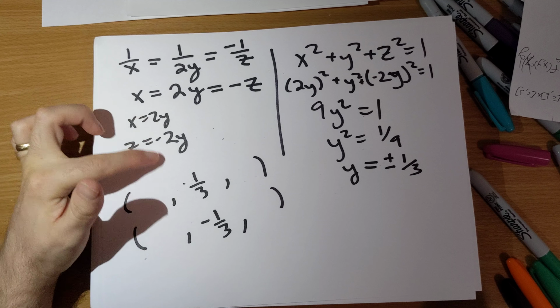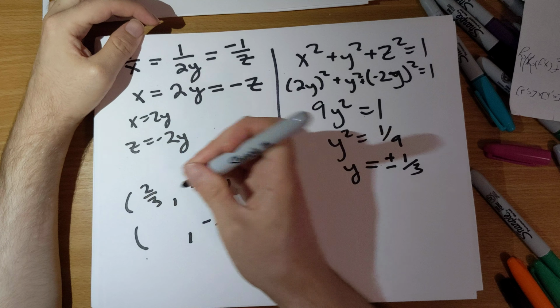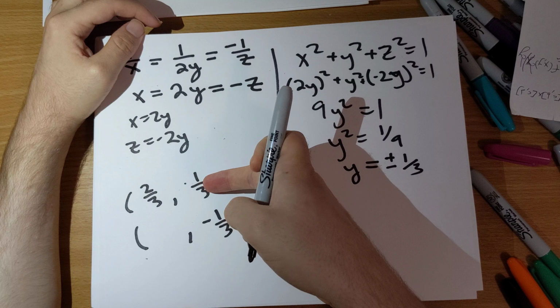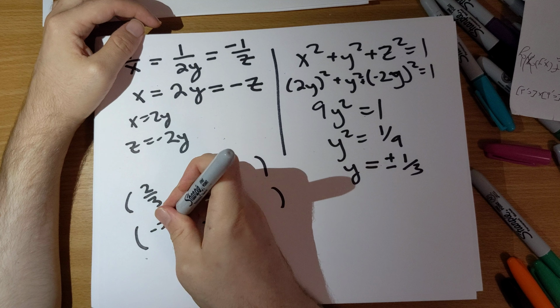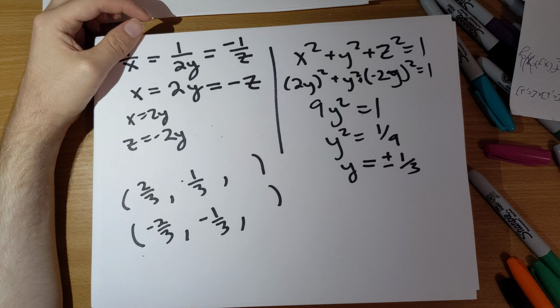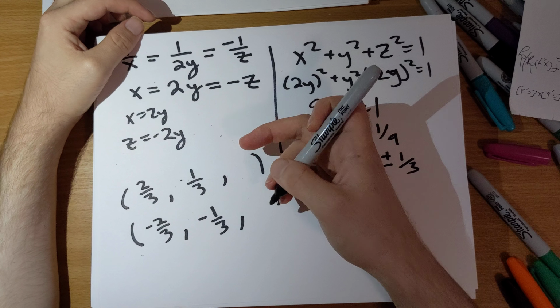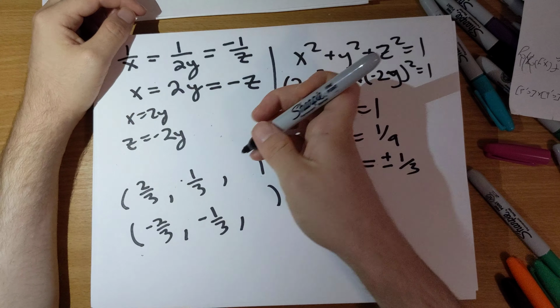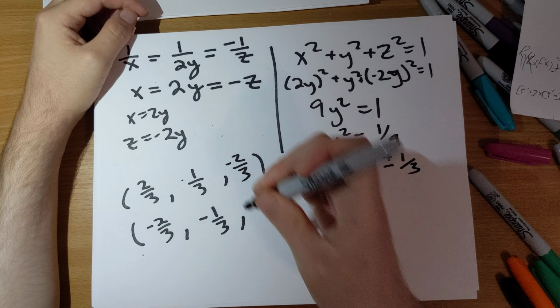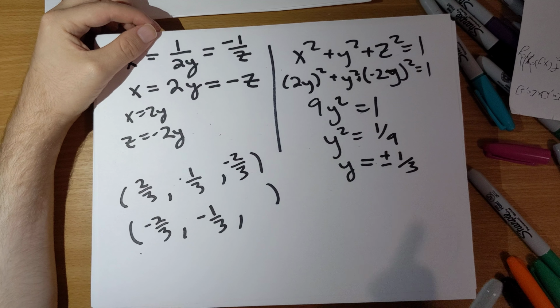x is twice y. If y is 1/3, x is 2/3. If y is negative 1/3, x is negative 2/3. And z is going to be negative 2 times y, or negative x. So here z is negative 2/3.